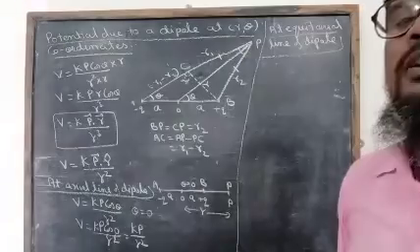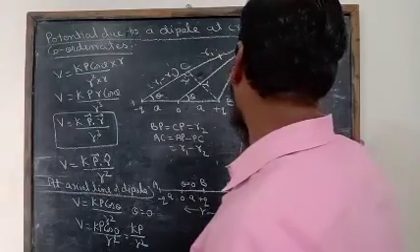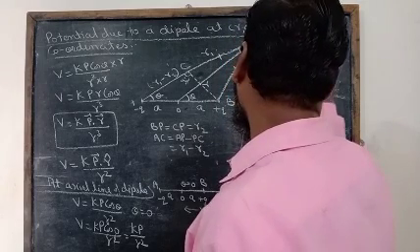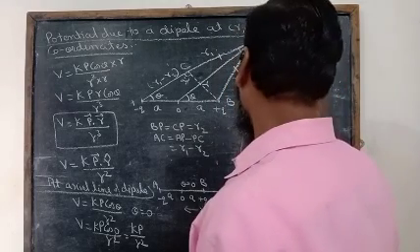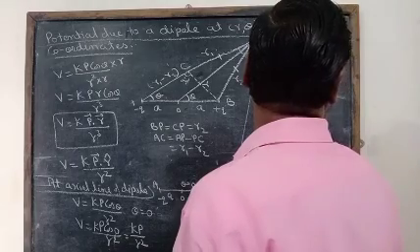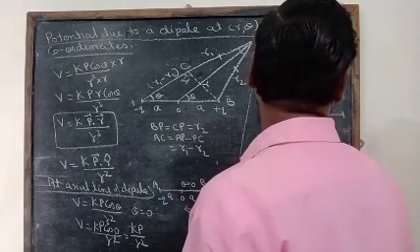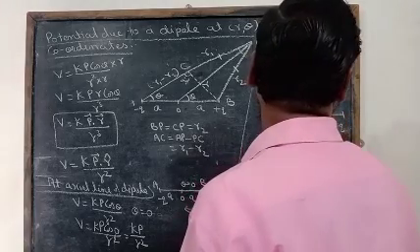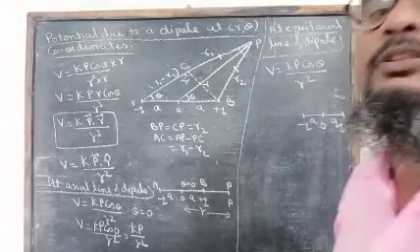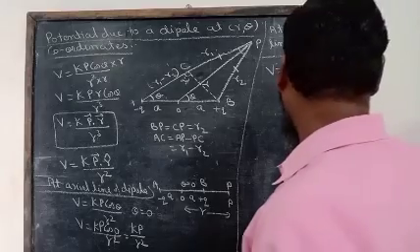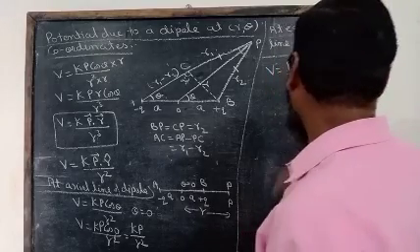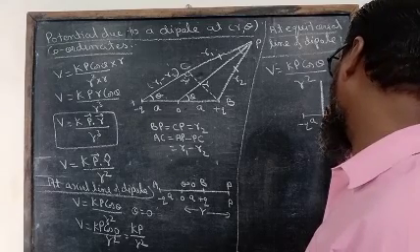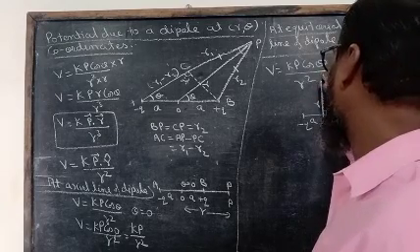At equatorial line of dipole, we know that the expression V is equal to Kp cos theta upon R square, and the dipole is in this situation. This is minus q, this is plus q, this is midpoint, this distance is A, and this distance is also A. And this is the equatorial line, a perpendicular line passing through the midpoint of the dipole, and this angle is 90 degree. Here this distance is R, this point is P.